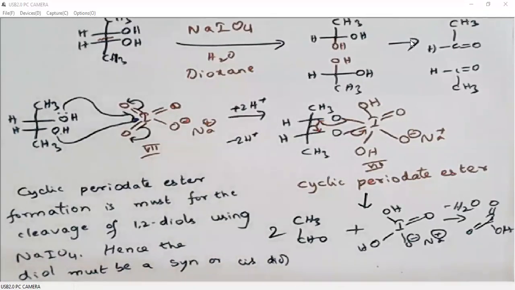That means the two OH groups must be on the same plane. If they are on opposite planes, in that case sodium periodate will not cleave the diol. If they are on the same plane, then only sodium periodate will cleave the diol.